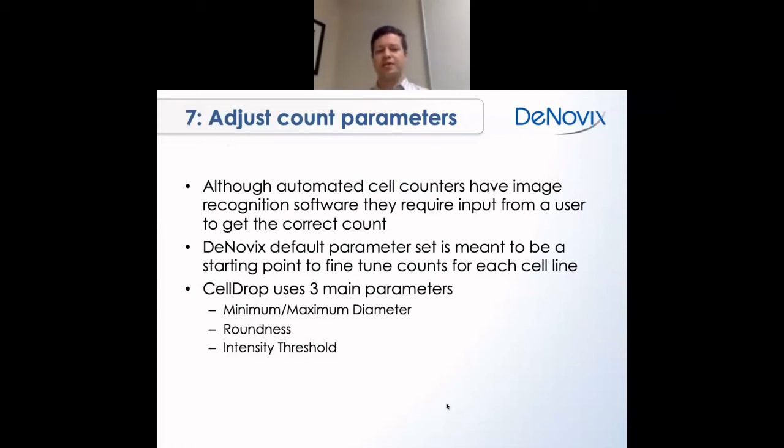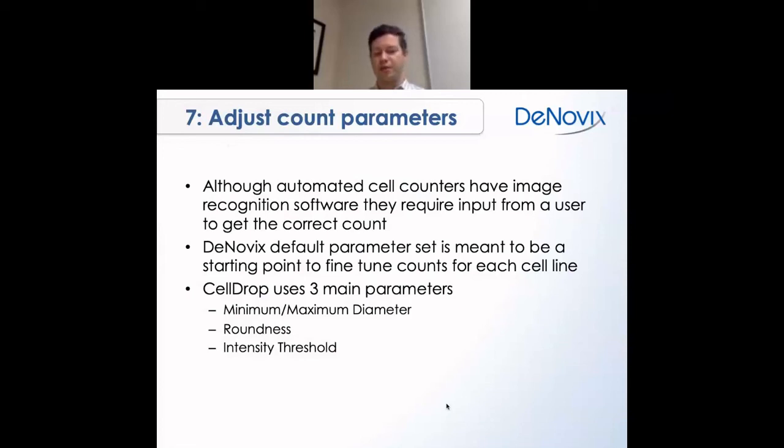So Denovix's cell drop has 3 main parameters that the user is able to adjust to fine tune their cell counts. Those are minimum, maximum diameter. So that's just setting a size gate for what is and what isn't a cell. What we call roundness.